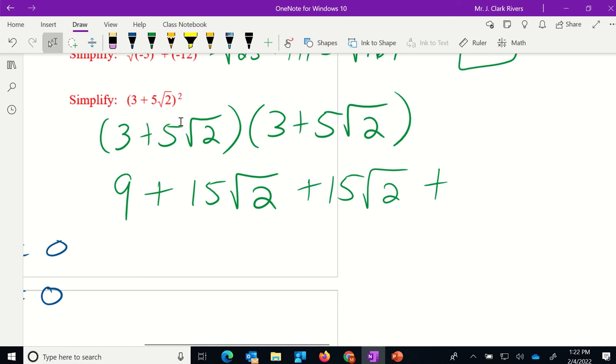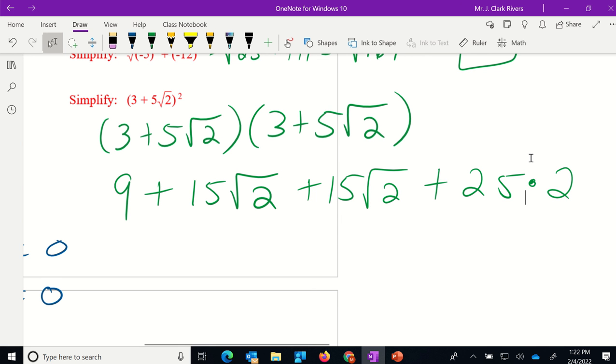James, what's 5 times 5? 25. And then root 2 times root 2? 2. What's going to happen between the 25 and the 2 here? Multiplication, right? The 5 root 2 and the 5 root 2 will be multiplied, and then we multiply both those together. These are going to be separated by multiplication.